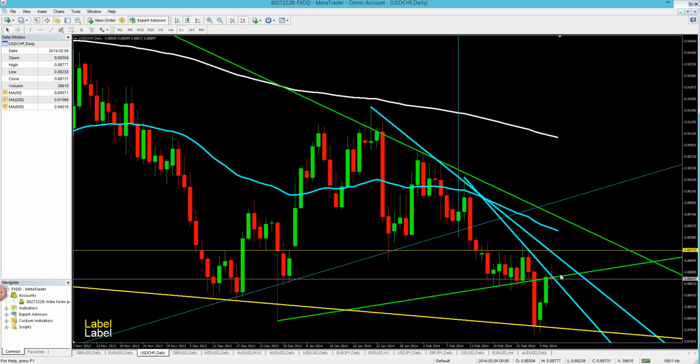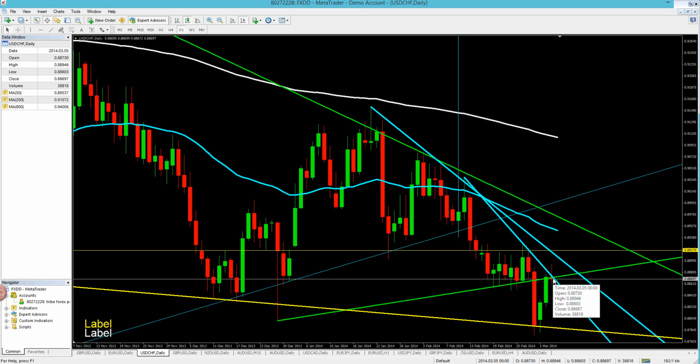What formed on it? Basically, price did its best to break through this lower support area, or sorry, it used to be support. It's now resistance. It broke through this resistance area and then closed below it. That tells us that the market acknowledges this area of resistance now, and for that reason, we're going to go ahead and call a sell here on the dollar Swiss.